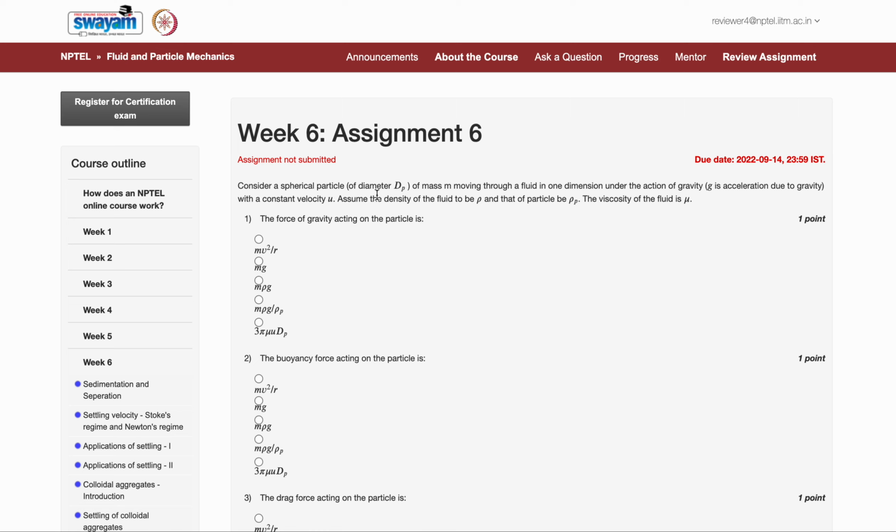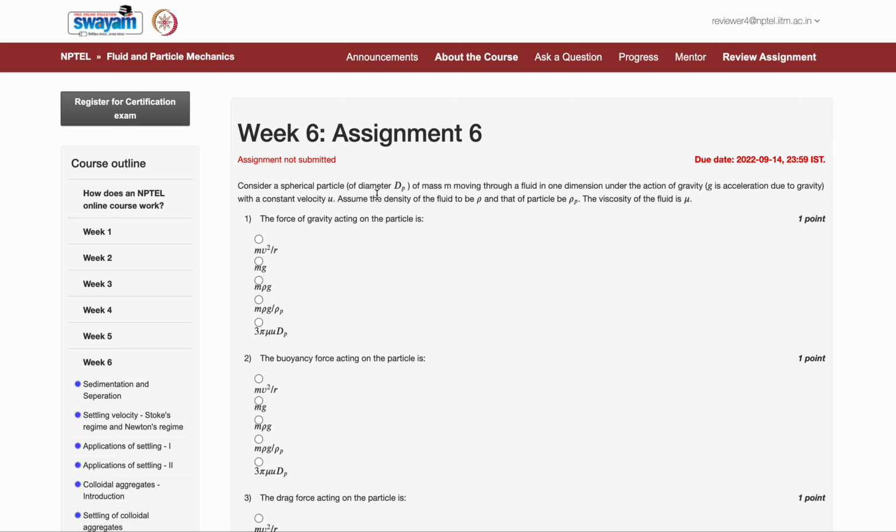So the particle is characterized by diameter dp, mass m, and density rho p, and the fluid is characterized by density rho and dynamic viscosity mu. So this is my problem.